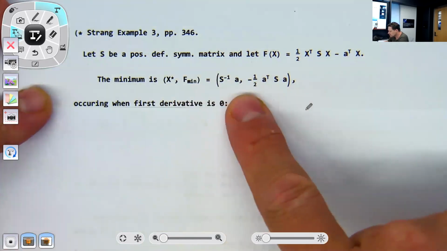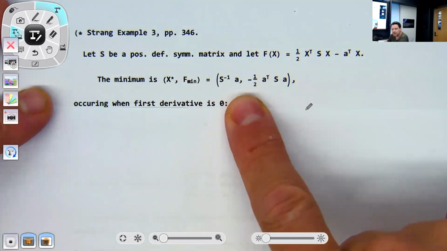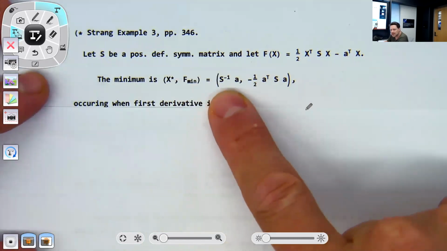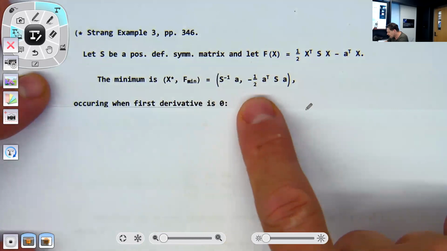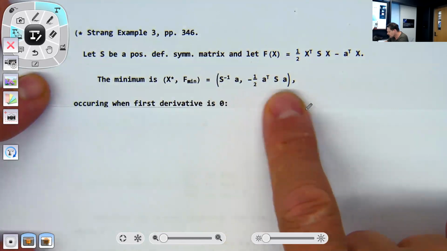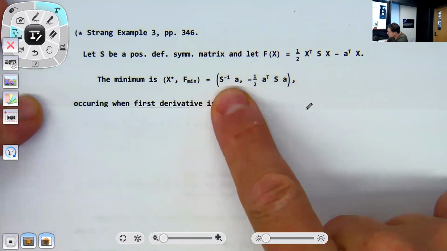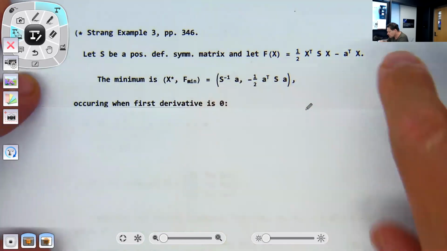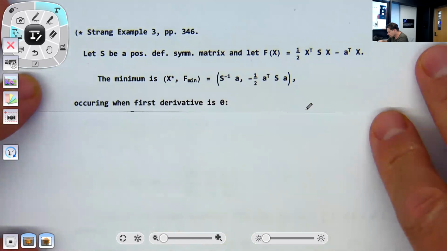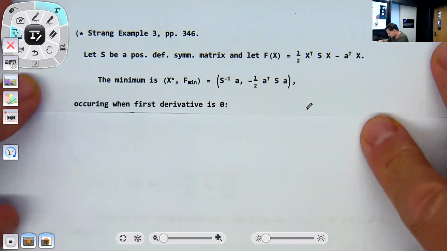So S inverse A, and then minus 1/2 A transpose S A is the actual minimum, right? But this is where it's found, S inverse A, occurring when the first derivative is 0.